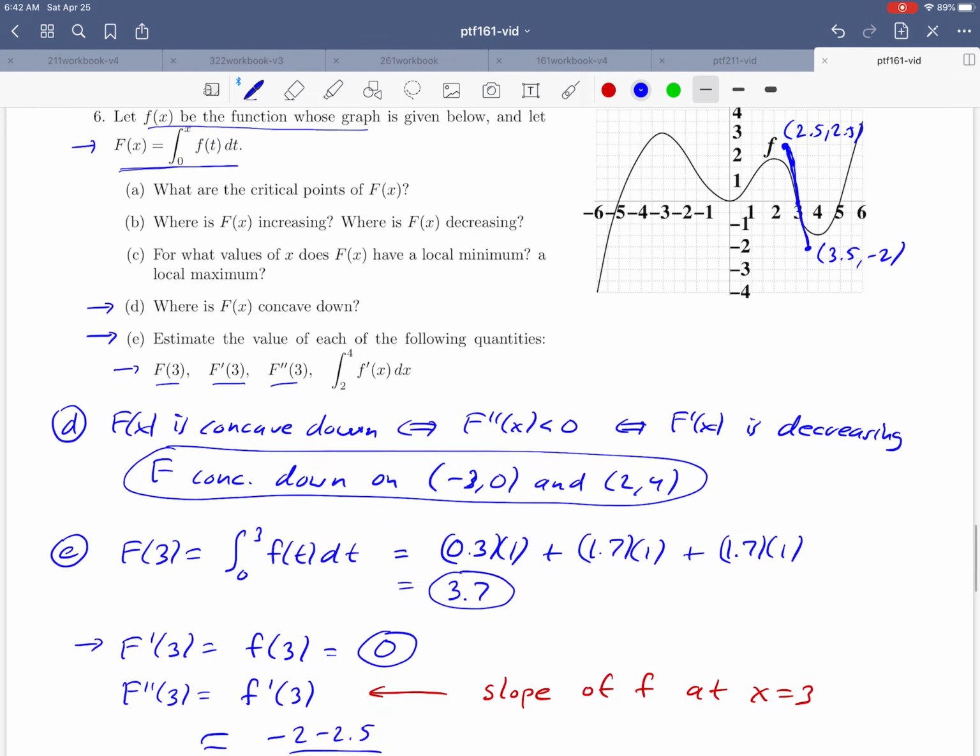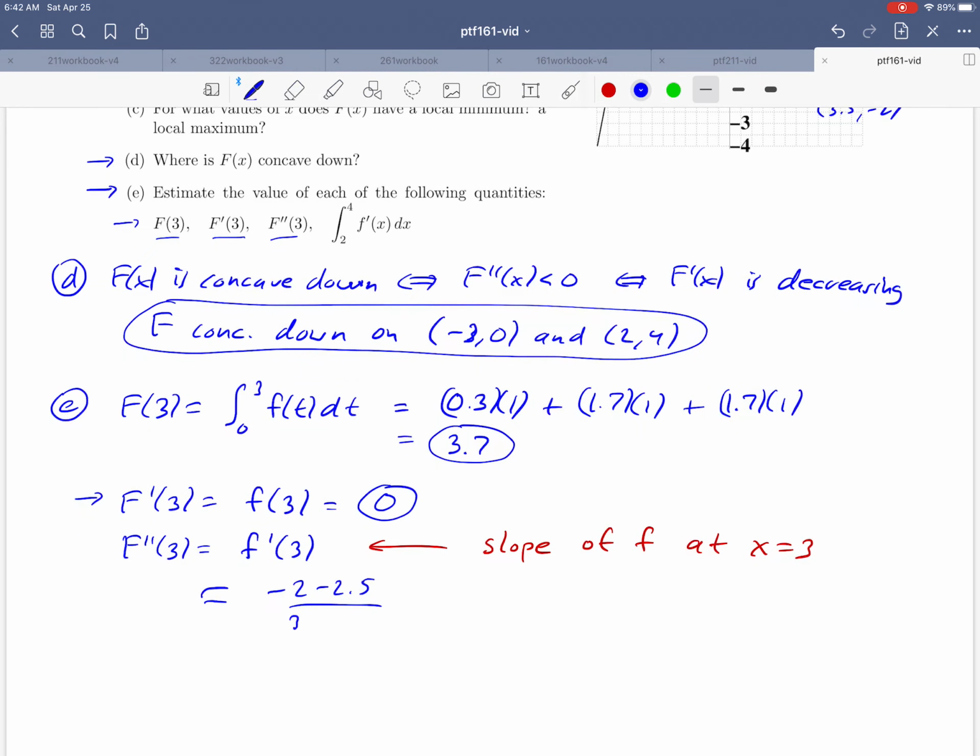And then over the run, 3.5 minus 2.5, that's just going to be a 1 in the denominator. Do that calculation, and we're going to get negative 4.5. So there's our estimate of capital F double prime of 3. We did it again by just estimating the slope of a tangent line to the graph of little f.